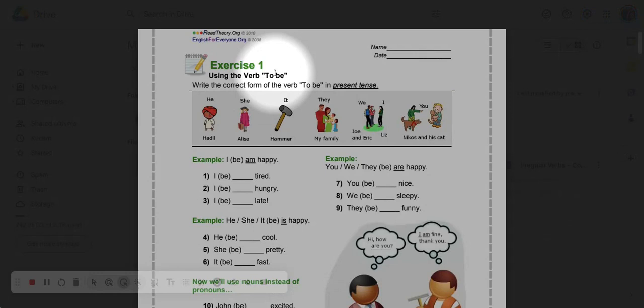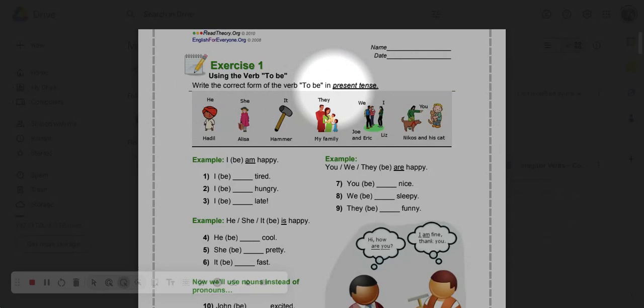The infinitive form of a verb is the word to plus the verb. To dance, to speak, to listen, to think, and such. So we're going to be practicing first with using the correct form of the verb to be in present tense.